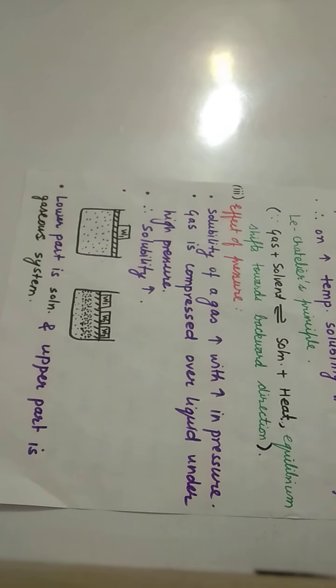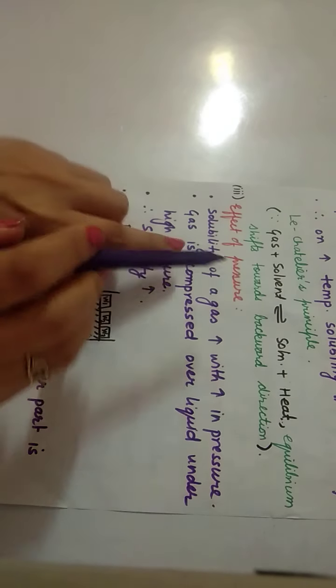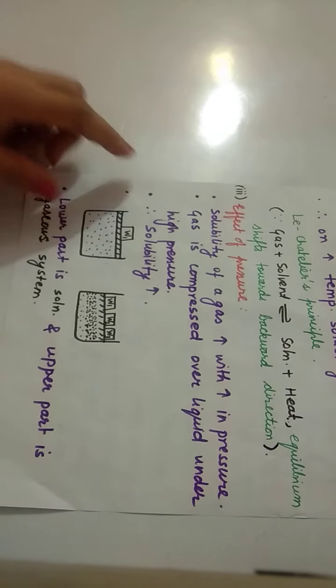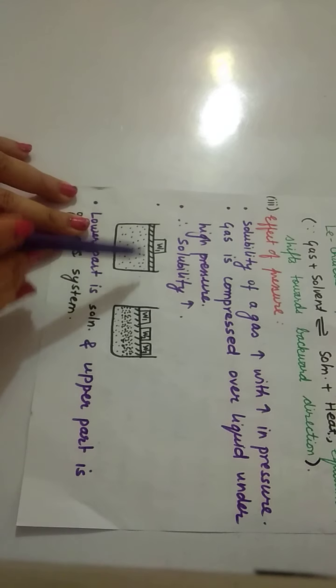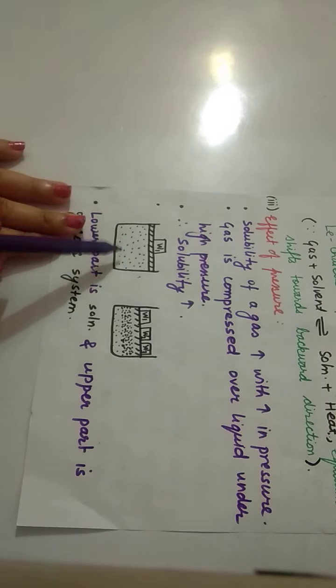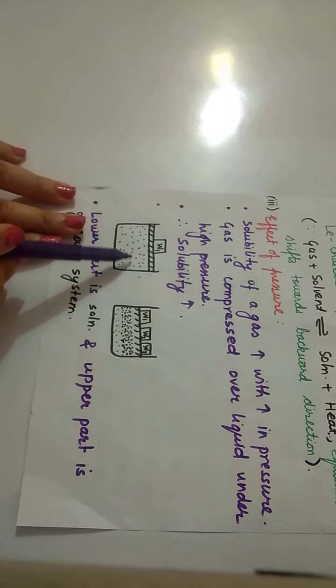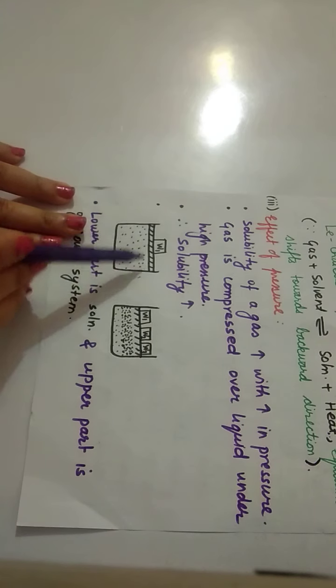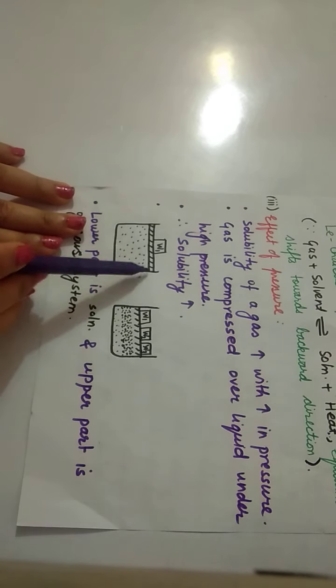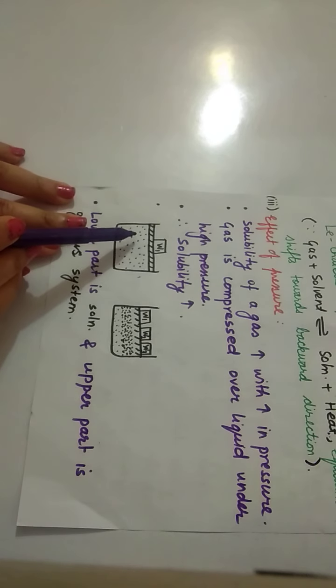Next one is effect of pressure. So what is the effect of pressure on the solubility of a gas? Now we'll take an example. Here we have taken a container, and in this we have taken a solvent, and above the solvent here are the gas molecules. So lower part is the liquid and upper part are the gaseous molecules.